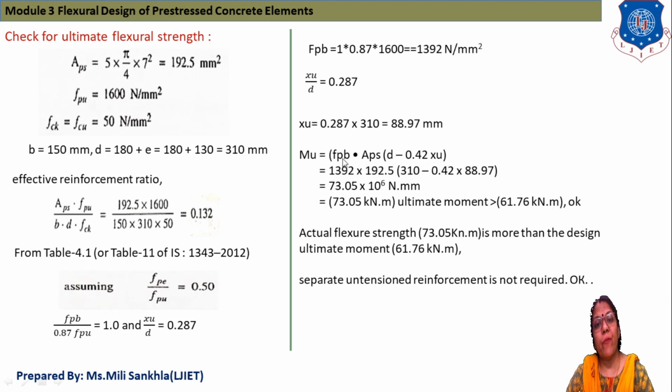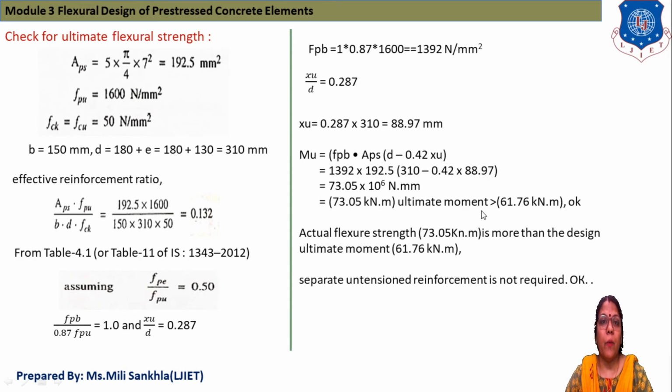Now what is FMU? Ultimate moment is FPB into APS into D minus 0.42 XU. That is 1392, 192.5, 310 minus 0.42 into 88.97, and we get the moment 73.05 kilonewton meter.